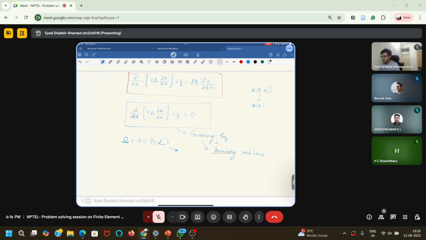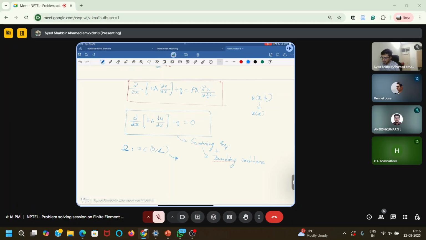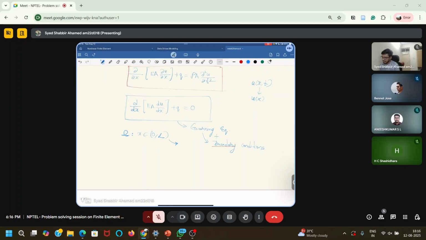So you want to analyze this bar for some kind of load Q acting on it, and you want to see how much the bar is deforming. So we have the governing equation and we have the boundary conditions. So in order to get displacement, what should we do? We just simply integrate this.